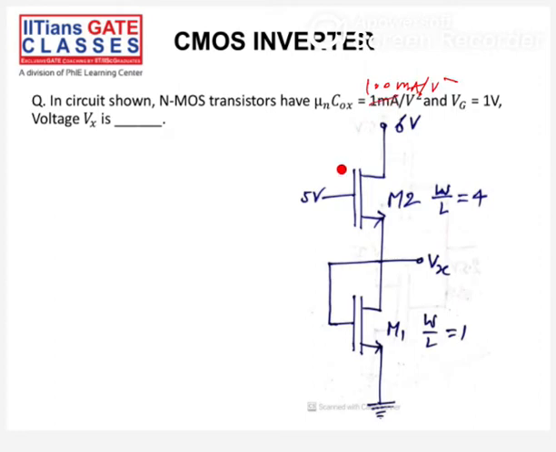It is not 1, it is 100; I just made a little change. So we have all these values. What they want is Vx. Vx means this V output, it is the same. So for M1, we'll answer this for this transistor.